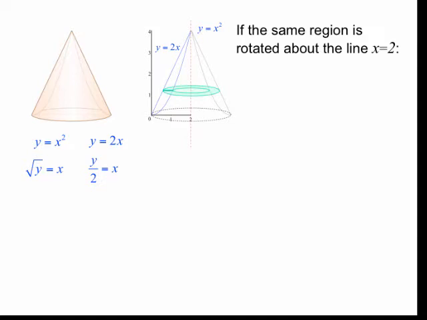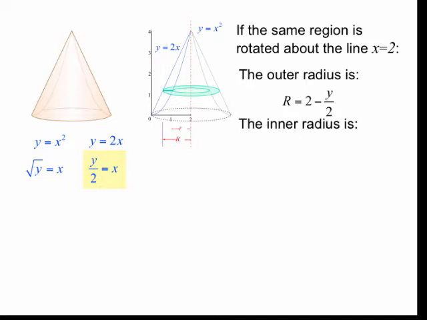Again, we want to do the outer disc, subtract the inner disc. Now the outer radius is a little trickier this time. It's going to be 2 take away the x distance of the line from the y-axis, and the inner radius is going to be 2 minus root y. Then we apply our same formula, pi radius squared minus pi radius squared times thickness.